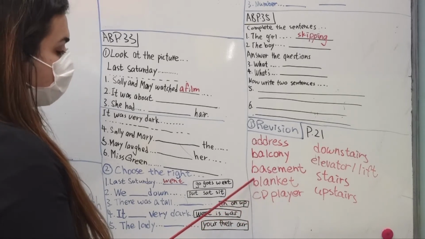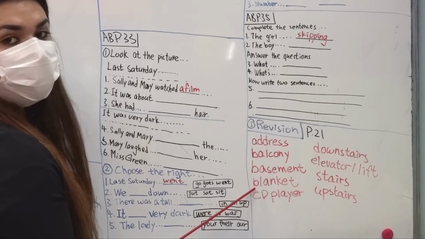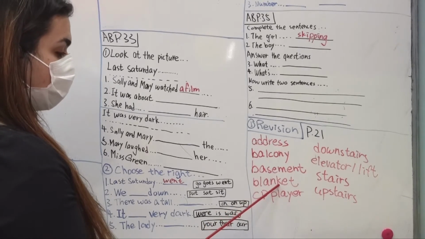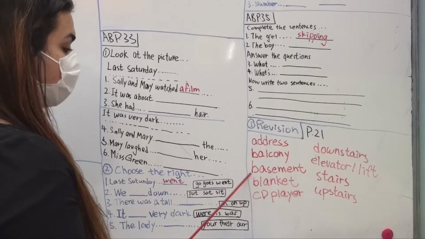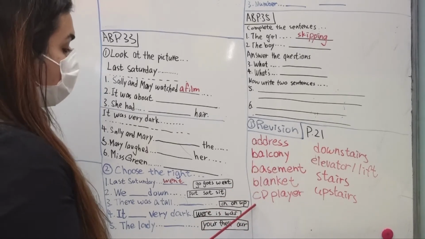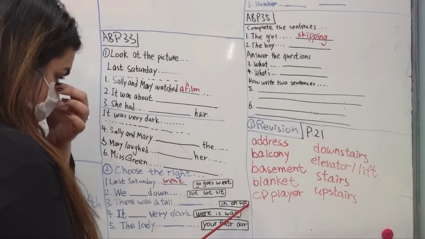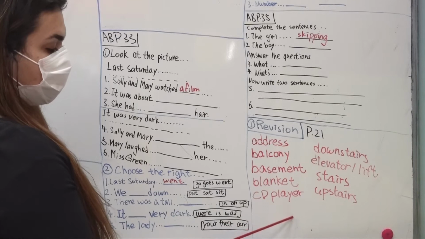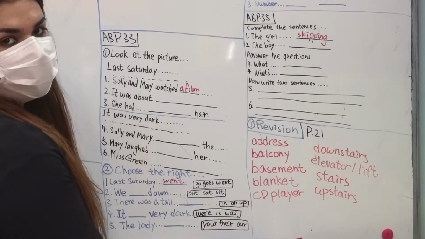Alright, next one is blanket. Blanket. Let's spell blanket. B-L-A-N-K-E-T. Blanket. Alright, the next one should be number 5 in your book. That is called CD player.